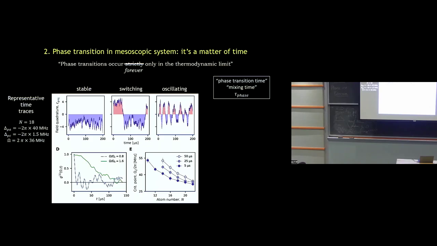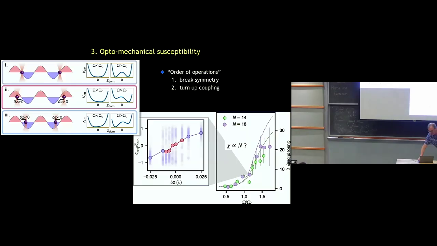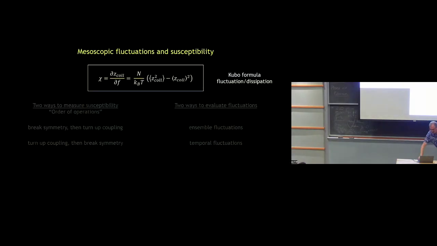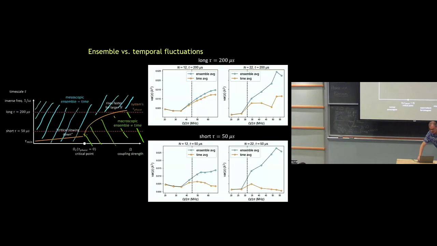But there's a lot of dynamical data in the experiment, and we're in the process of learning about it. So for example, we're trying to check on the connection between these susceptibilities that we observe and these fluctuations that we characterize.